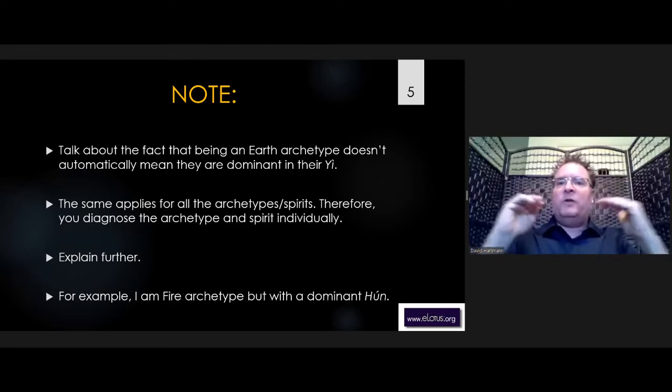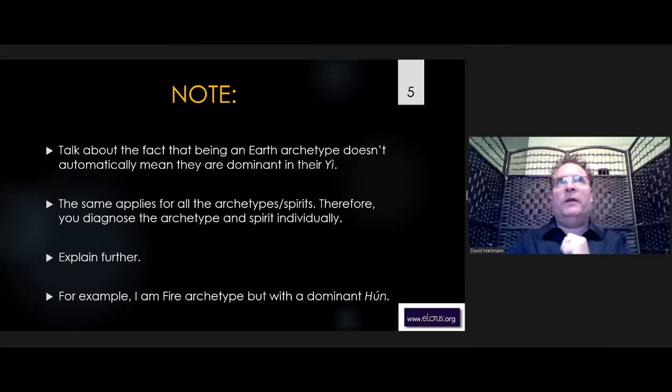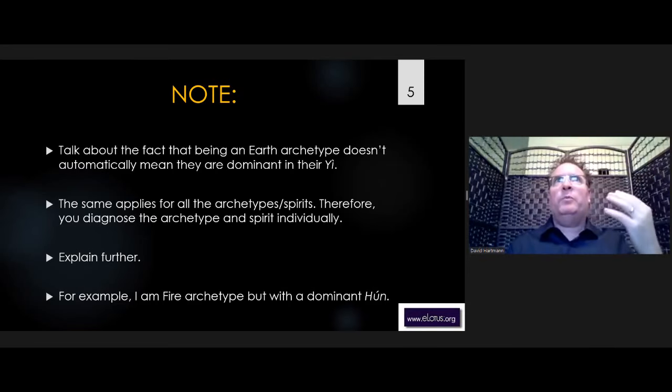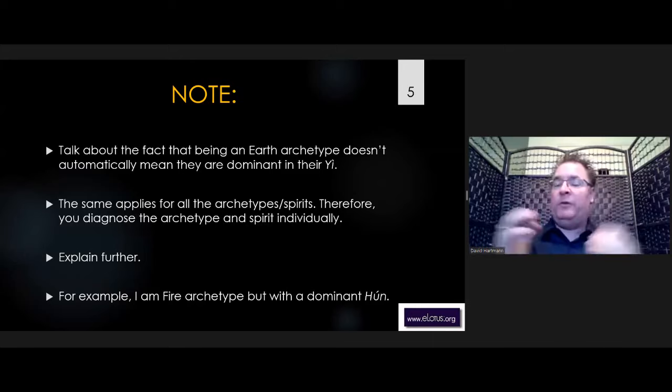An Earth archetype should have the most balanced Yi because of that close connection. So we don't want to get confused: an overriding dominant archetype doesn't automatically mean a dominant spirit. The spirit will be appropriate, and it will be appropriately responsive.